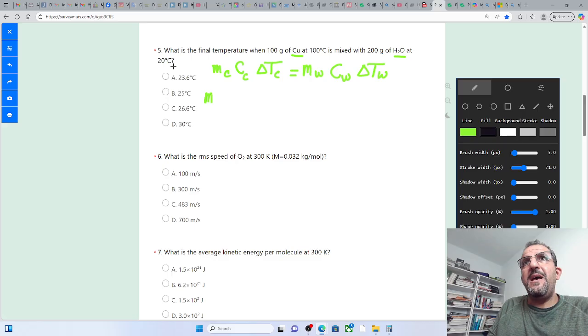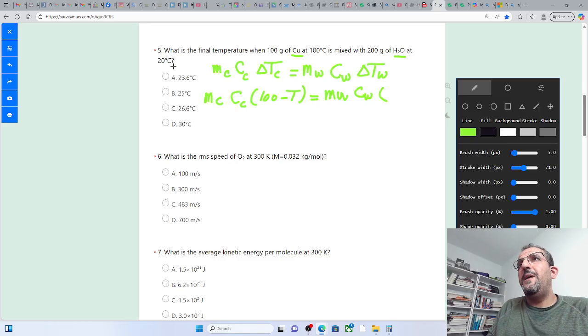So we have the mass of copper, the specific heat for copper, and here 100 Celsius for copper minus the equilibrium temperature, and that's equal to the mass of water, the specific heat of water, and then the equilibrium temperature minus 20 Celsius.